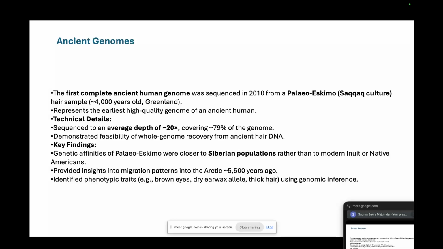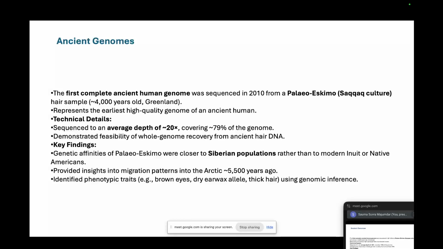But since this was a very snow-clad, frosty area, maybe that is why the DNA was preserved, and it was sequenced in 2010. It was sequenced at an average depth of 20x, covering 79% of the genome. It was seen that this individual was closer to the Siberian populations.